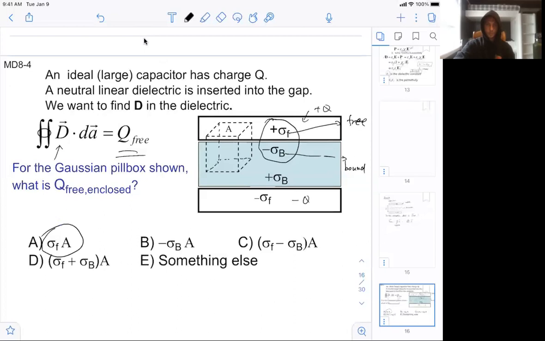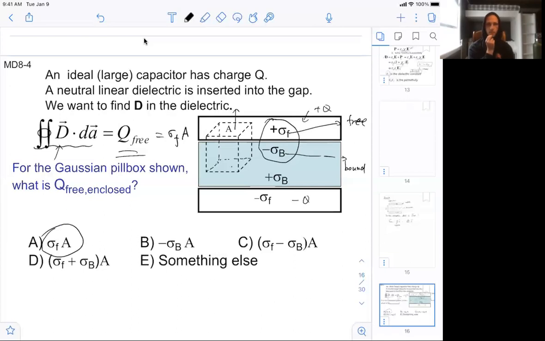Now the next thing is we have to calculate D. We already know the right-hand side of this equation is sigma F times A. How do we simplify the left-hand side? Let's look at this pillbox. When we do Gauss's law, we need to look at all the surfaces.